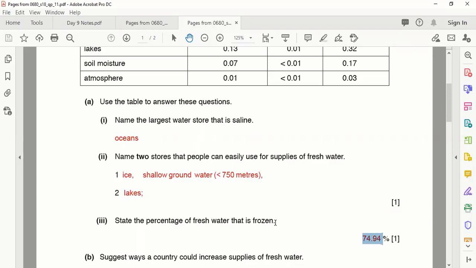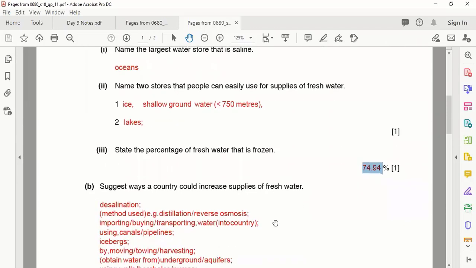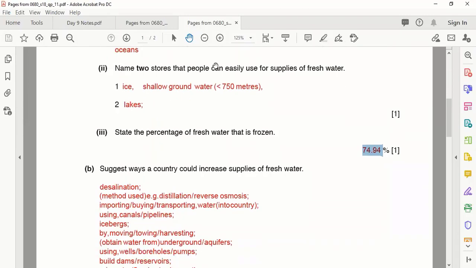Yes, good. So here you can see number one, desalination, which is getting fresh water from the sea water. Sea water is not fresh water, but they make it fresh water by the process of desalination.